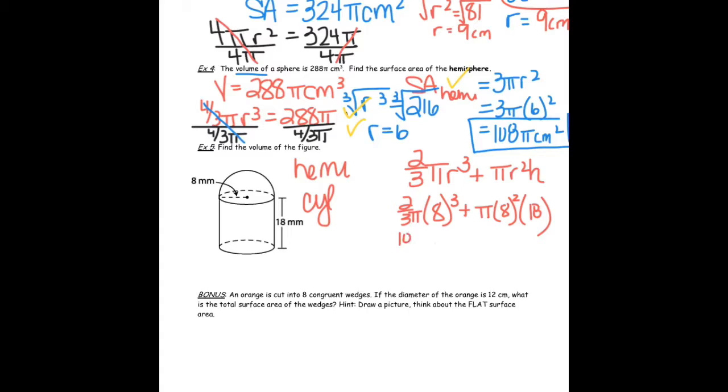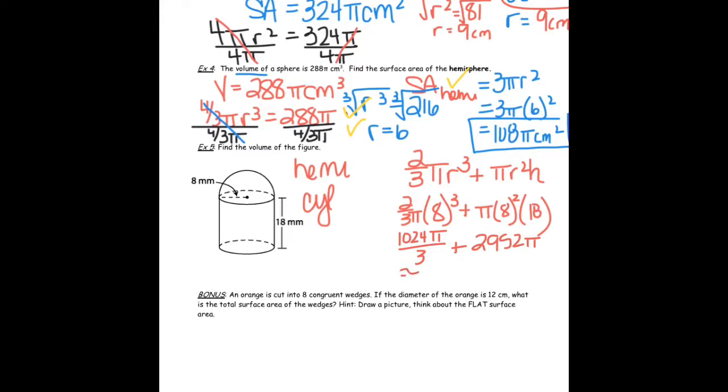Equals 1024 pi over 3 plus 8 squared is 64. 64 times 18 equals 1,152 pi.